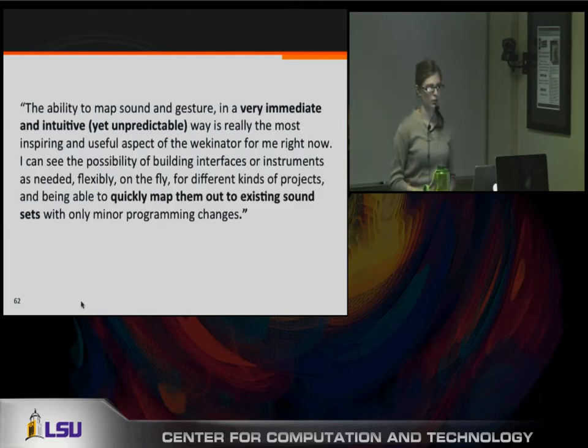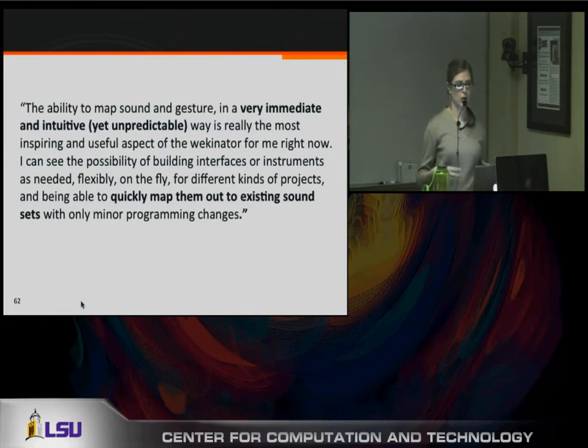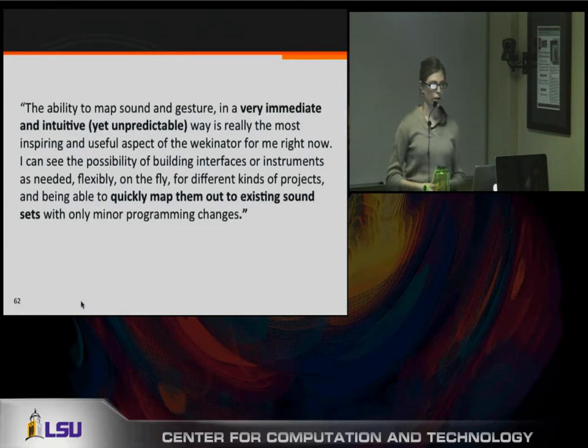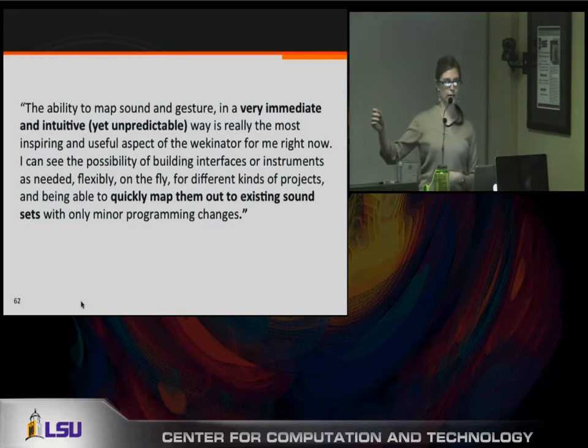Another person wrote, the ability to map sound and gesture in a very immediate and intuitive yet unpredictable way is really inspiring and useful. And she liked being able to quickly map out these sorts of gestures to existing sound sets with only minor programming changes.